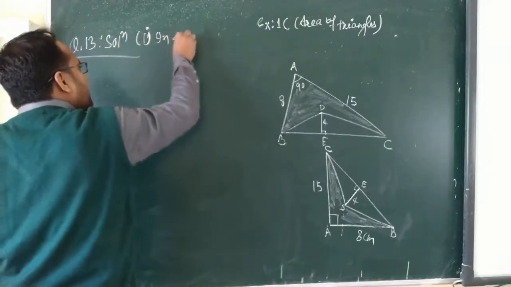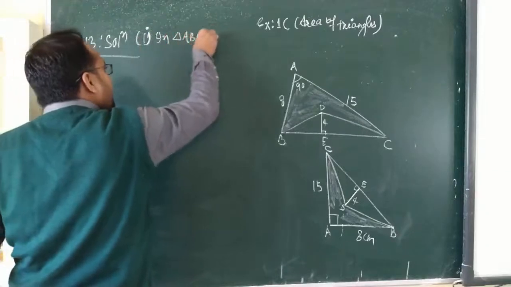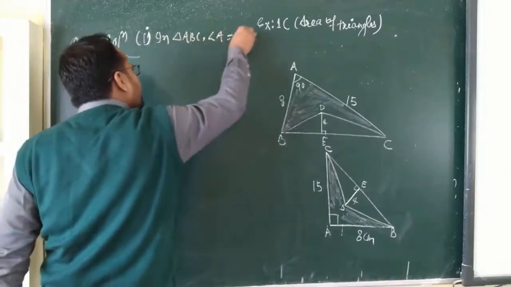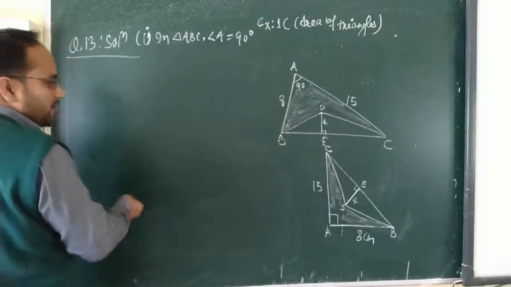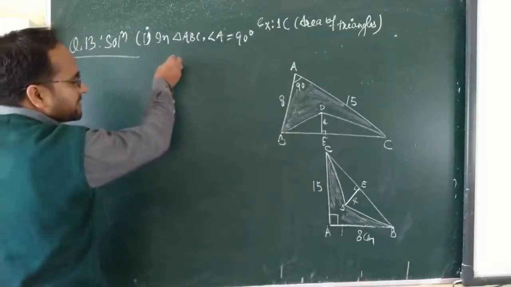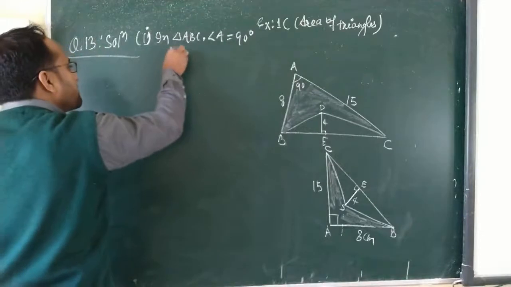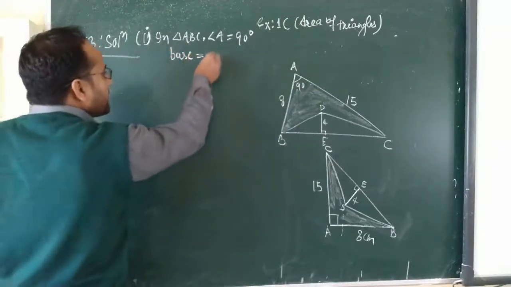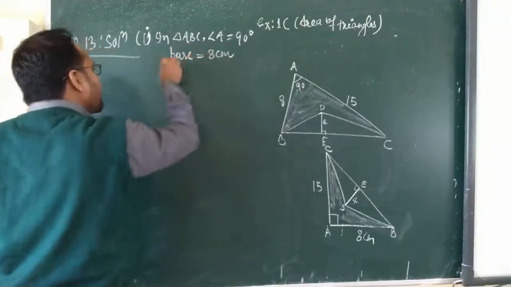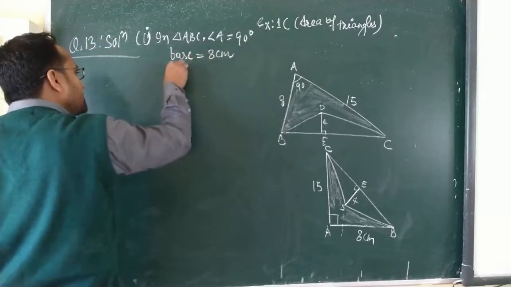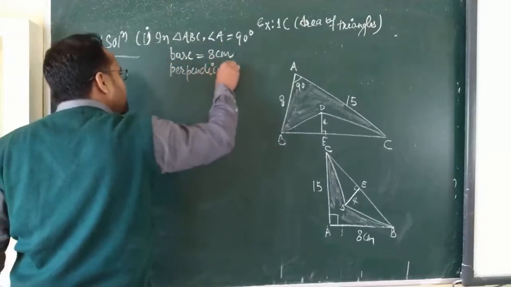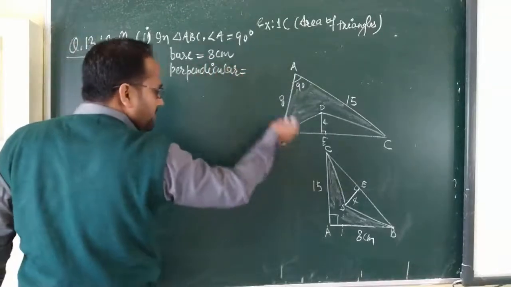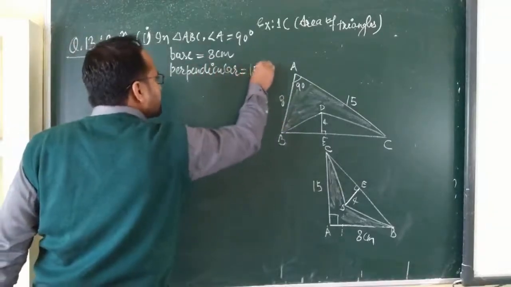Okay, so in triangle ABC, angle A is equal to 90 degree. So it is a right angle triangle. In that, base is equal to 8 centimeter and perpendicular distance is given that 15 centimeter.